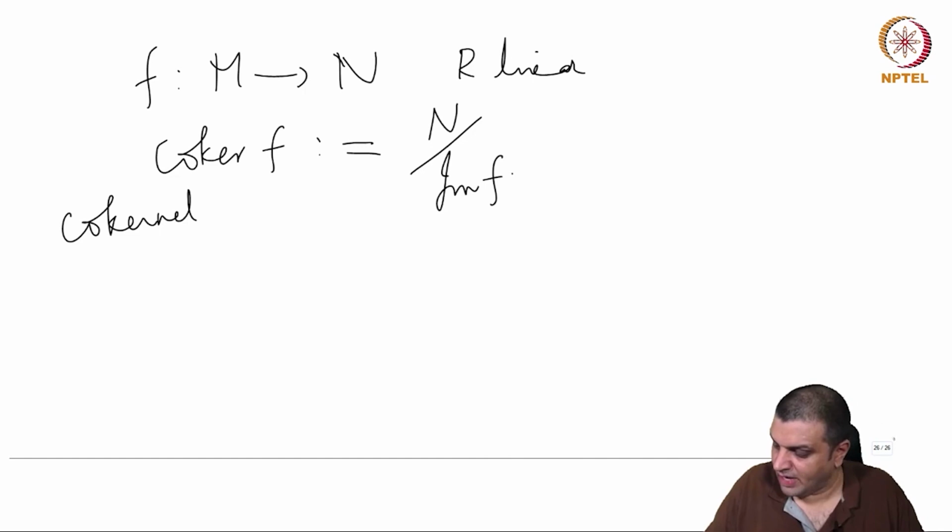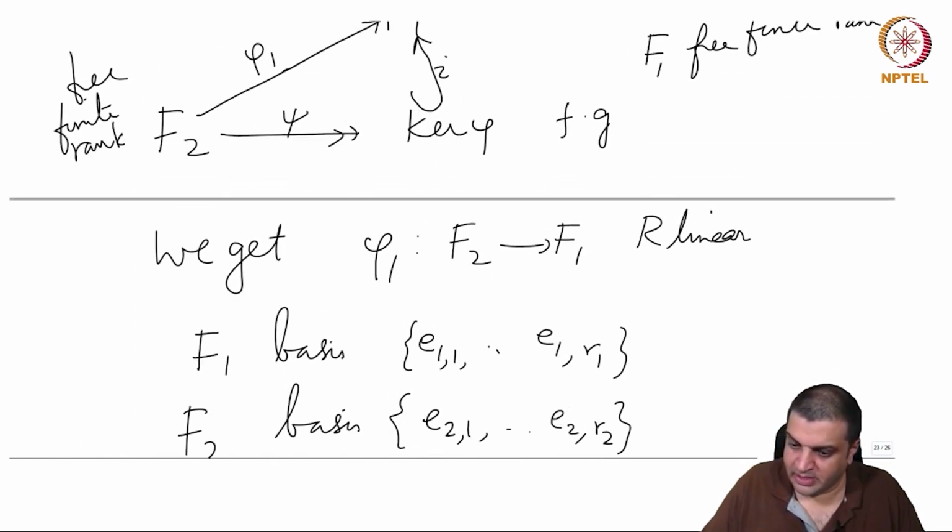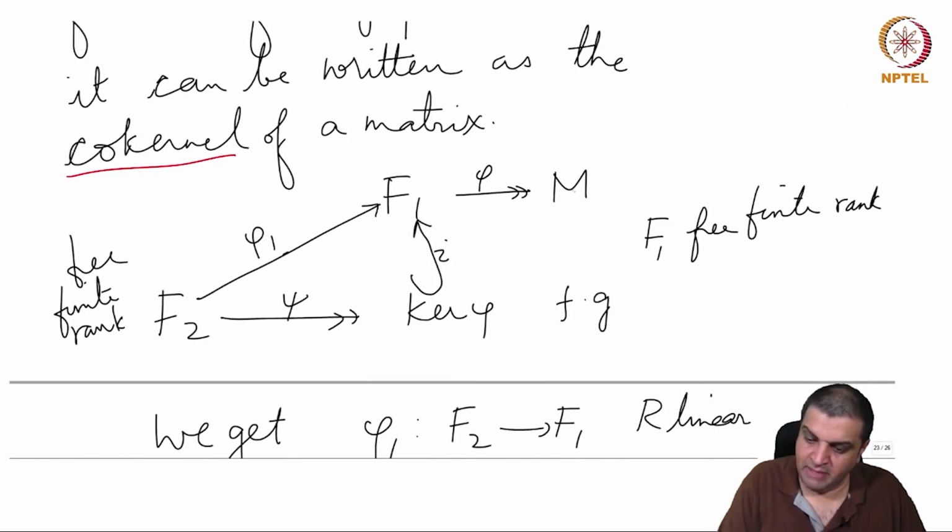And the point here is that M is isomorphic to F1 modulo the kernel. Because of this surjectivity and injectivity, the image of phi1 is exactly the image of I, which is the kernel.